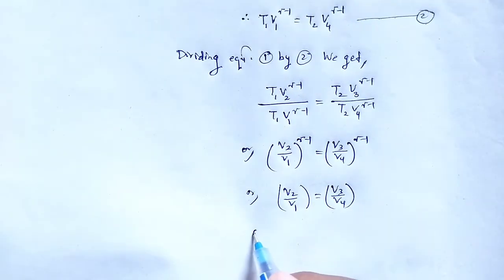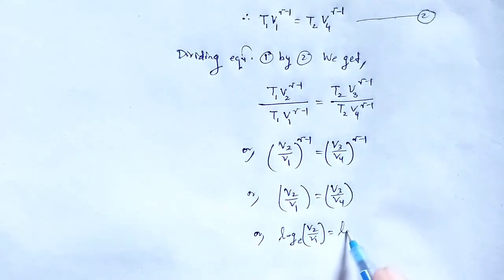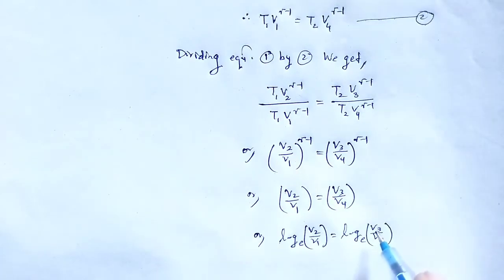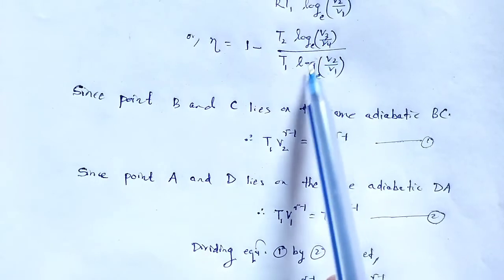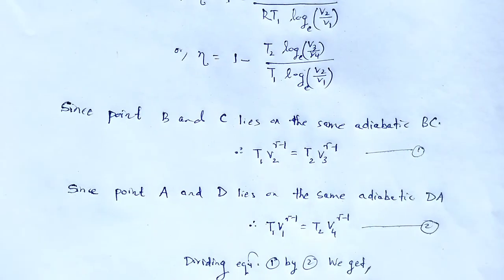Again taking the logarithm on both sides, that is log base e of V2 by V1 is the same as log base e of V3 by V4. That means log e of V2 by V1 is the same as log e of V3 by V4. So these two quantities are the same, and they cancel each other.